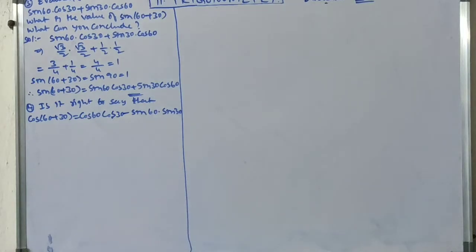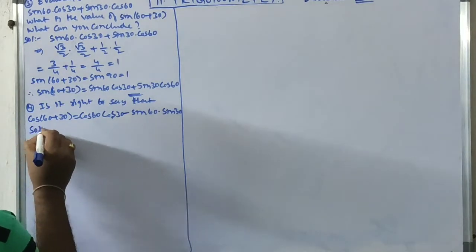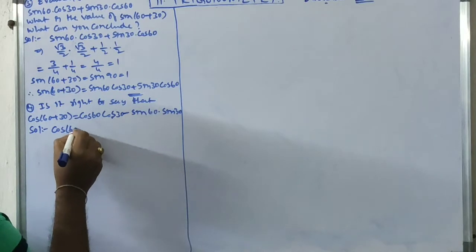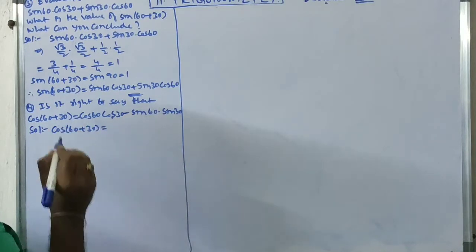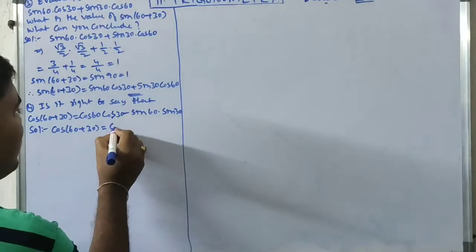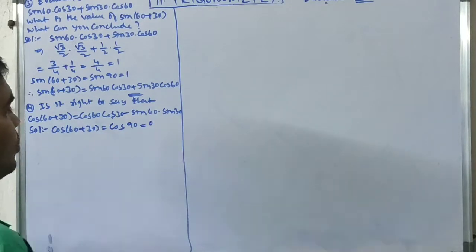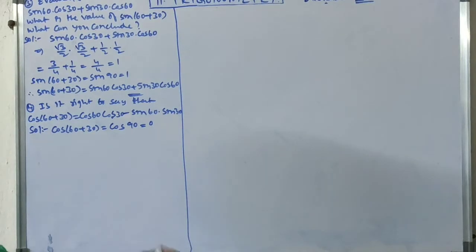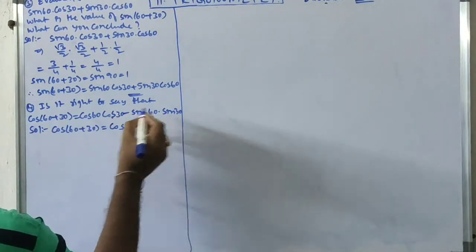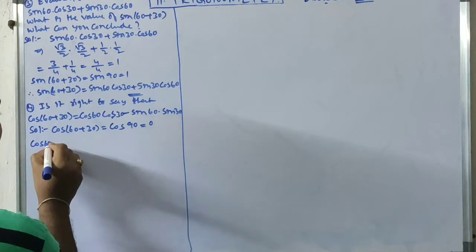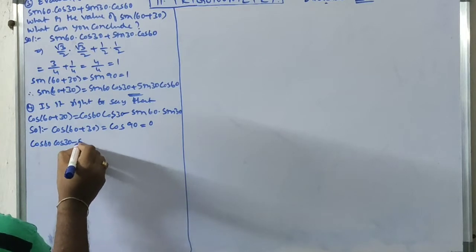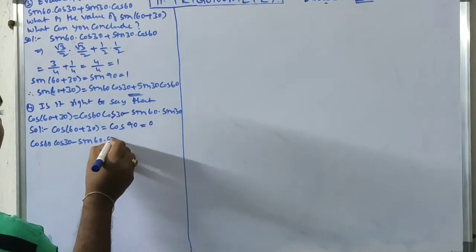Okay, so first, cos of 60 plus 30 is cos 90, and cos 90 value is 0. Now I am taking the right side, cos 60 cos 30 minus sin 60 sin 30.